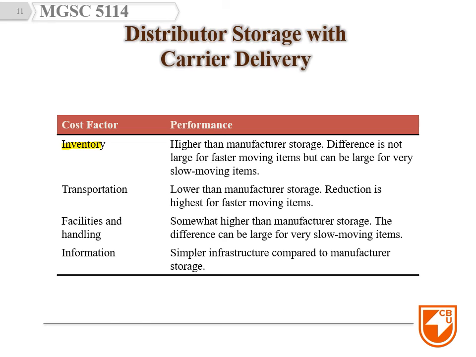So it's a little bit higher inventory cost. In terms of transportation cost, it's lower than manufacturer storage because we are going to save by using economies of scale. Products from manufacturers are sent using economies of scale to the retailer's place, and in this case we are going to save costs.